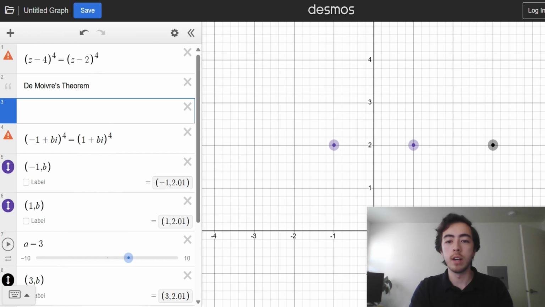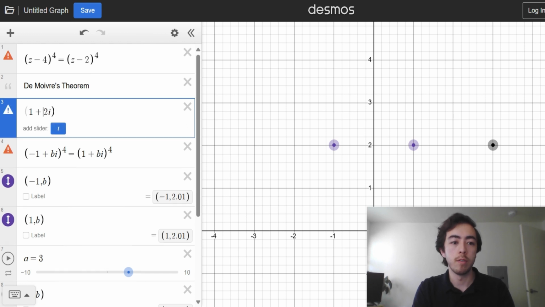And maybe let's just try it out to see what happens. This complex number would be 1 for the real component and then 2i for the imaginary component. And hopefully we're going to get some kind of result that lands in the second quadrant over here. And maybe that'll be enough proof that de Moivre's theorem does work with this kind of idea of rotations.